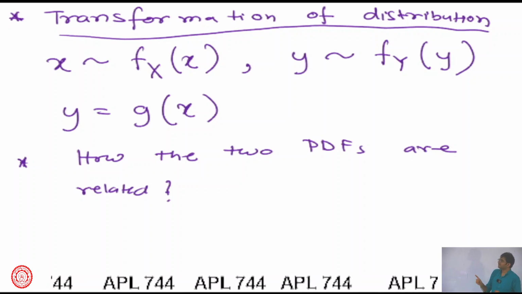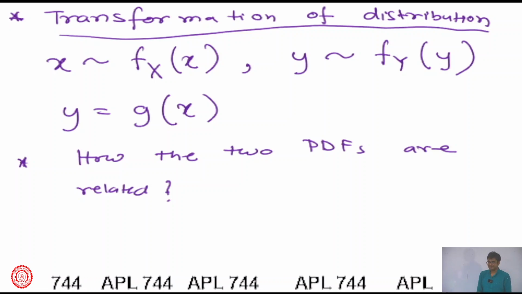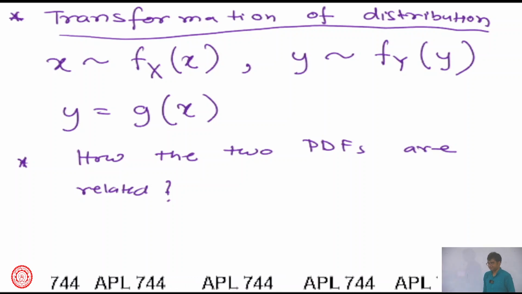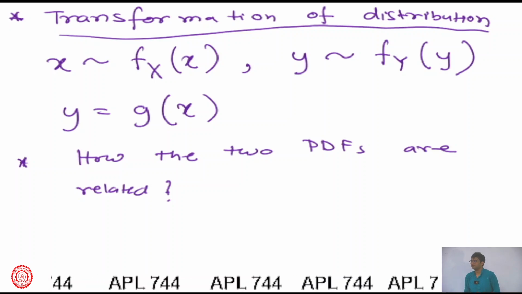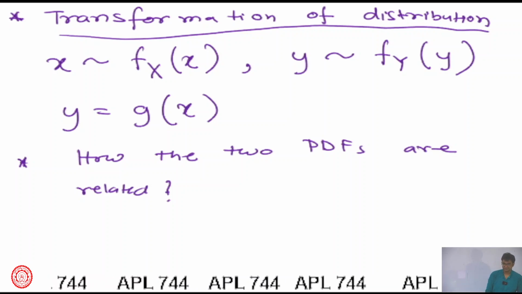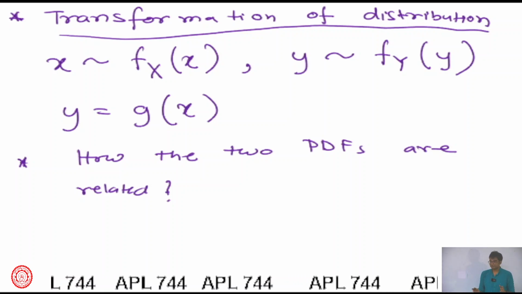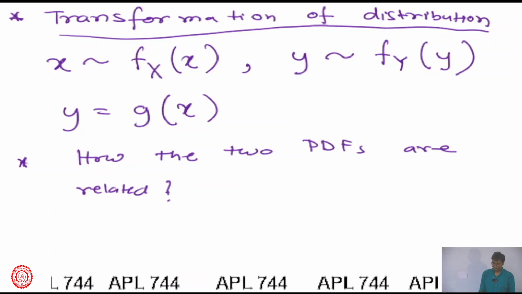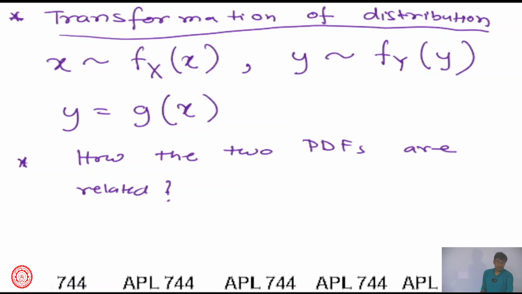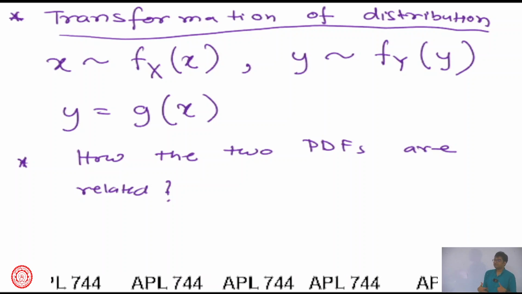And the reason is there are certain properties a PDF should satisfy, and that will not be satisfied if you do that. For example, it will not integrate to 1 if you do that. So, how to do that? So, we have to use the property of a PDF, and the property of a PDF is that it should integrate to 1, that is one of the properties.